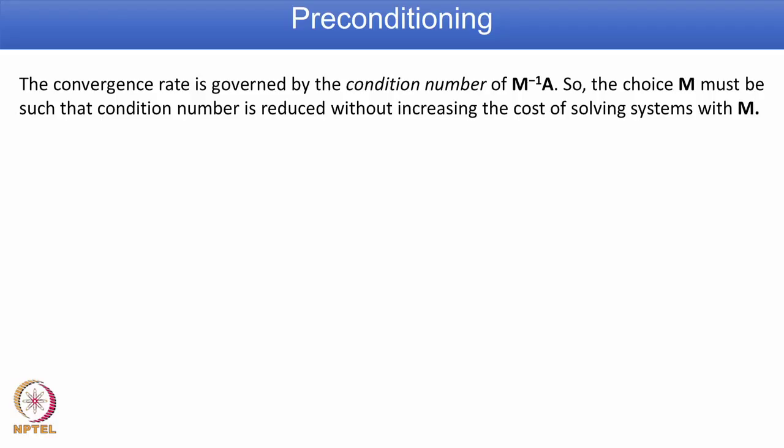A is the original coefficient matrix, and let us use the letter m for the preconditioner. Then we find the inverse of the preconditioner, m inverse. Then you find the product m inverse A and the condition number of that product matrix. The convergence rate is governed by the condition number of the product matrix, that is m inverse A. The choice of m should be such that the condition number is reduced without increasing the cost of solving the system with m.